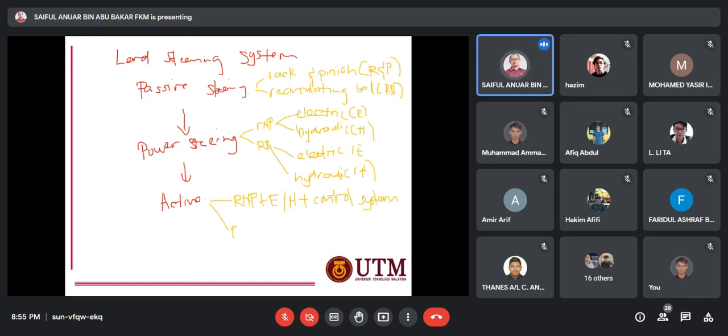So for rack and pinion and recirculating ball, you can have either electric or hydraulic assistance, plus a control system.